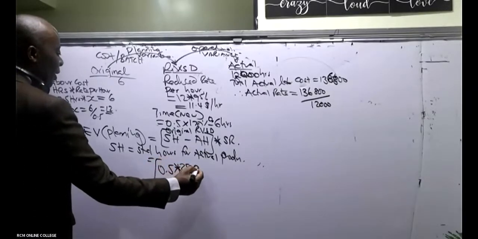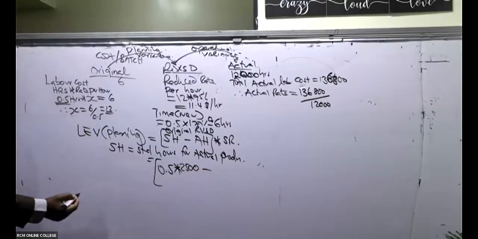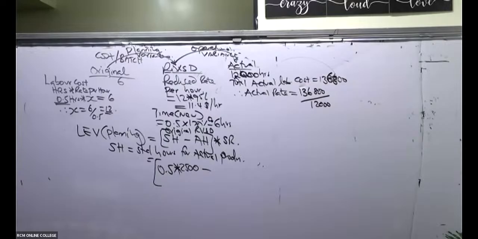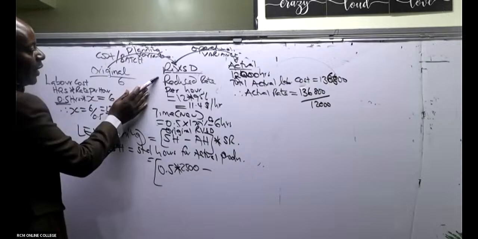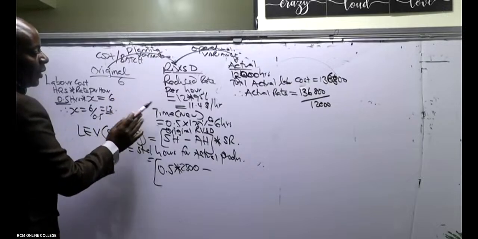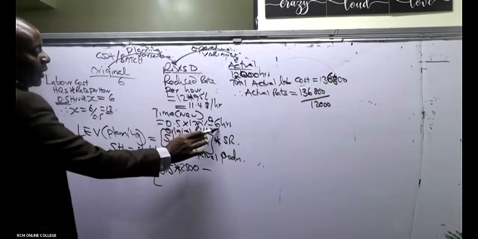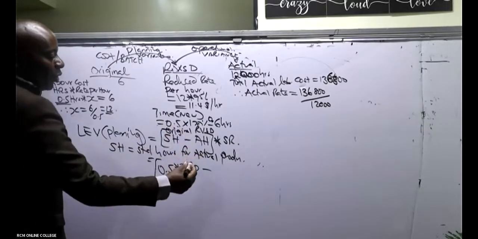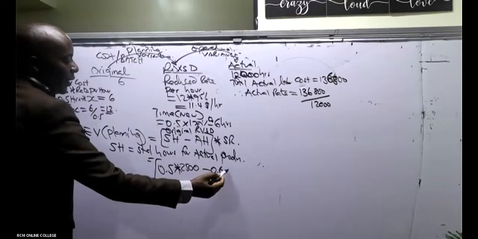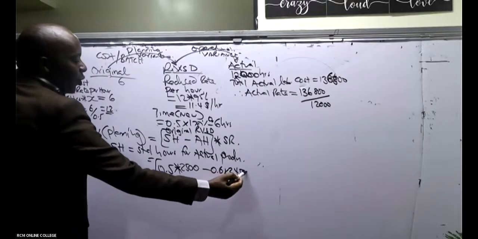Minus, in this case, actual. But remember, it is revised actual. So where are the revised hours? The revised hours are here. You guys are giving me the hours: 0.6 hours a batch. So it will be 0.6 times 2,500 as well.